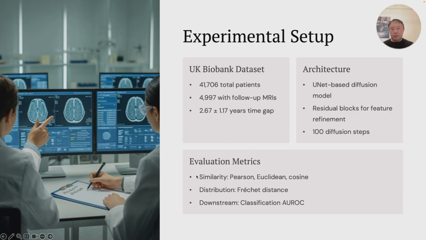In evaluation metrics, we'll talk about similarity metrics to assess the quality of individual MRI feature vectors, and we will also look at the distribution of the entire data set and see how similar it is to real data, and then also evaluate some downstream applications and case studies.